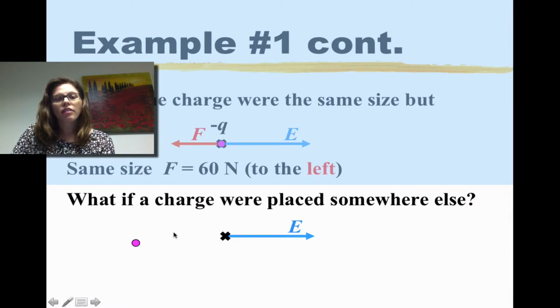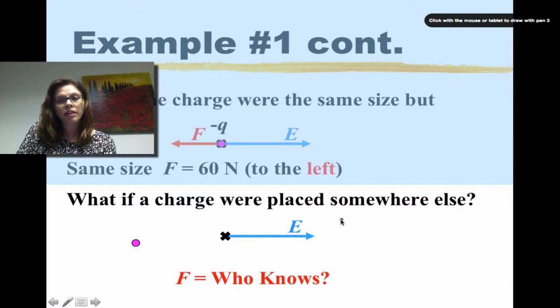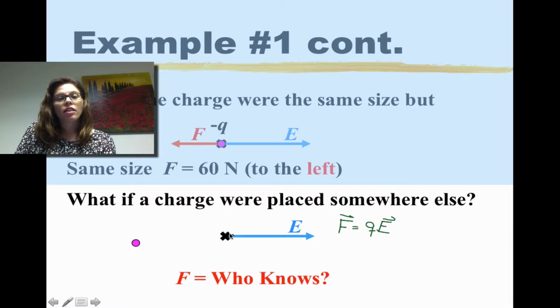So if a charge was placed somewhere else, but we know the electric field right here, can we say anything? We don't know. For us to be able to use this equation that we're given, the only one we have so far, F equals QE, where F is a vector and E is a vector, the only way to use that is if we have the electric field and the charge at the same point.